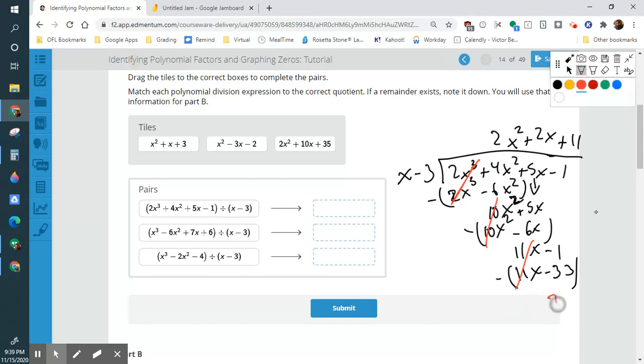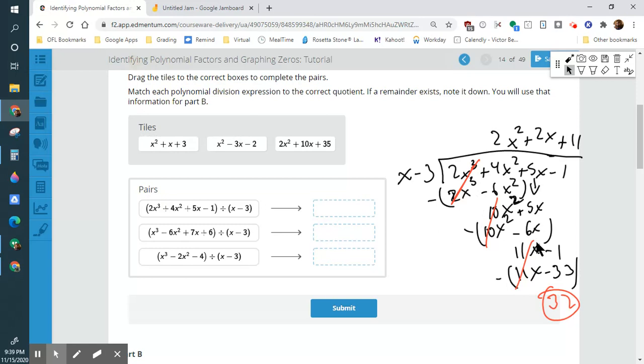Positive 33, so we have a remainder of 32. They didn't mean for it to be red, but that works out because it's our remainder. So the answer I get here is 2x squared plus 11. Why isn't this working? Did I multiply something wrong here?